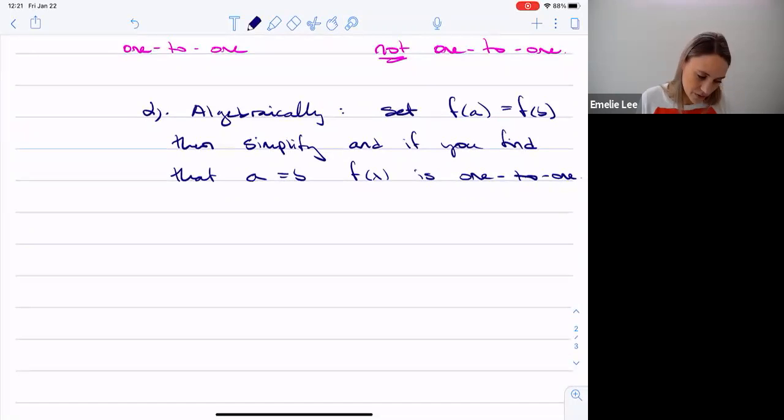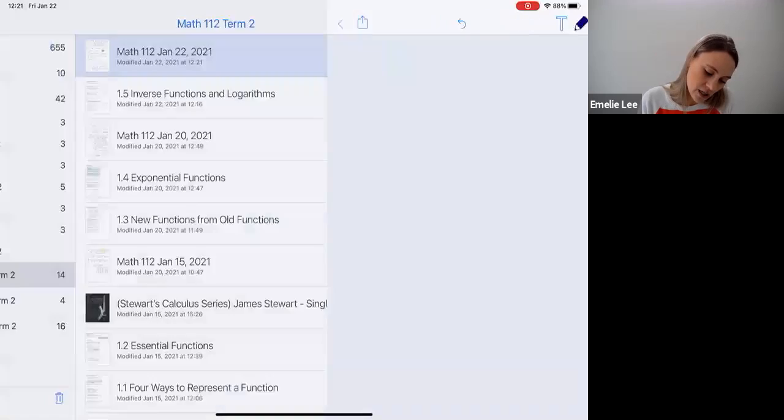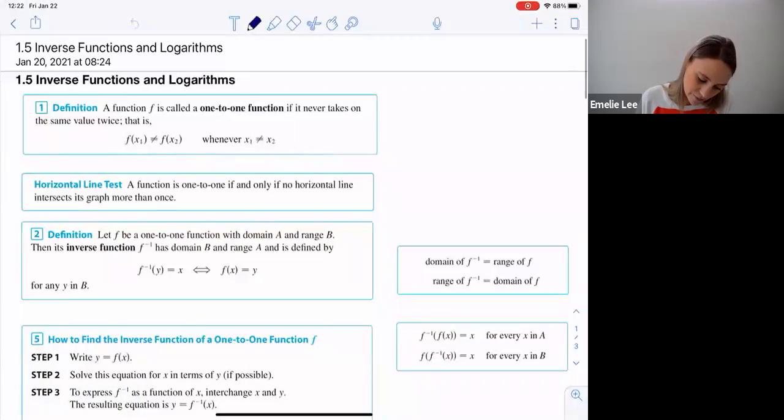So let's see here. What's kind of fun about the inverse, you might remember from different math courses, is that the inverse is denoted by a -1 in the power. You have to be really careful, right? Because -1 usually means that you put it in the denominator, but when it's on the function, it's the inverse function.